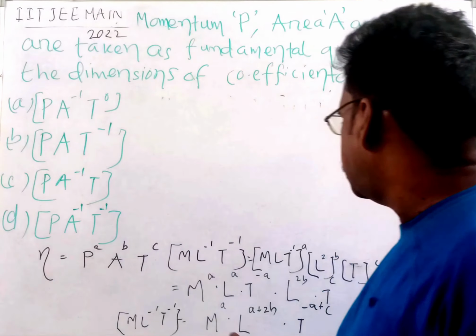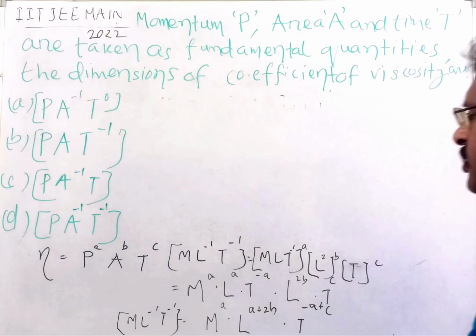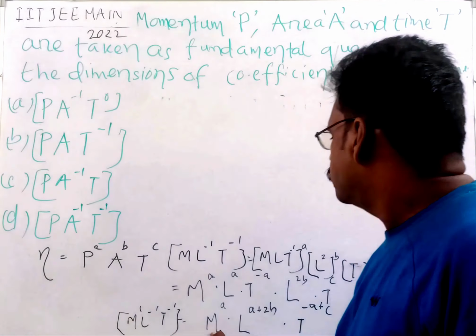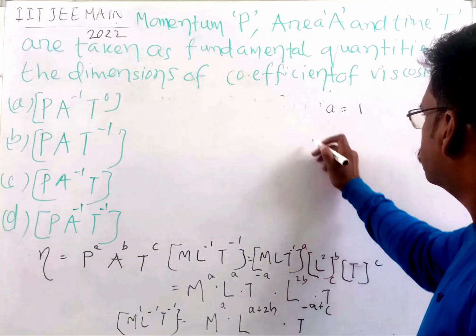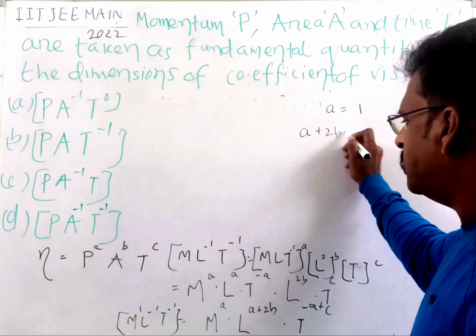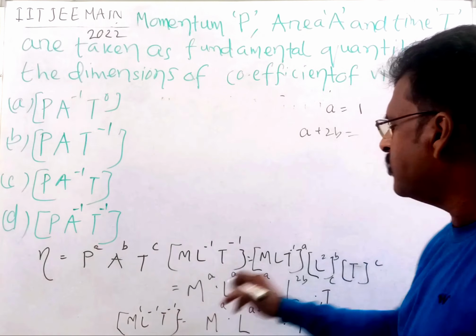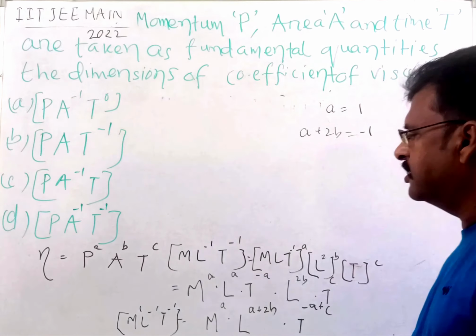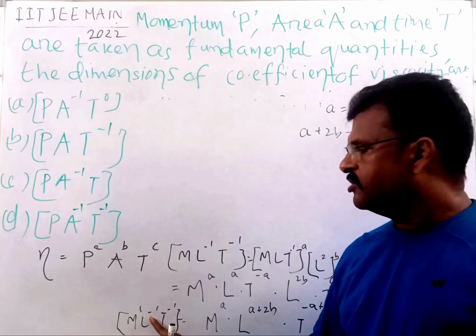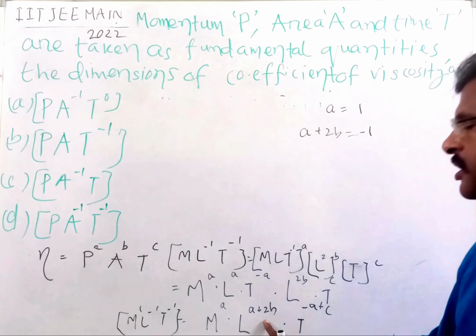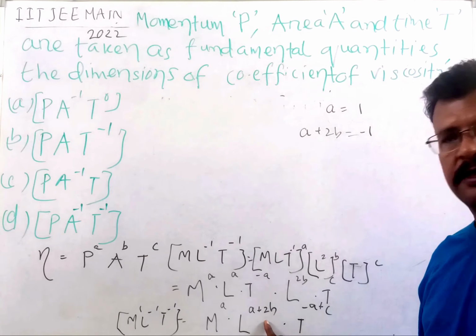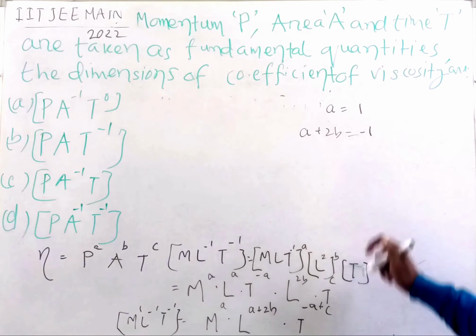This is on the left hand side and this is on the right hand side. So this is 1, that means a is equal to 1. The exponent of length on the left hand side is minus 1. On the right hand side, the exponent of length is a plus 2b. So a plus 2b is equal to minus 1.